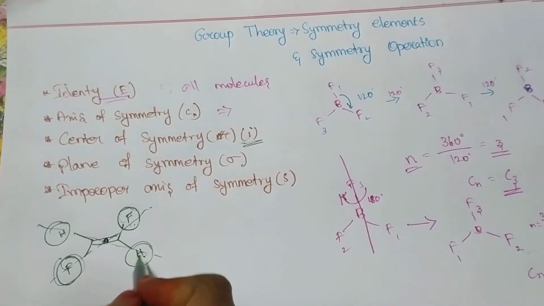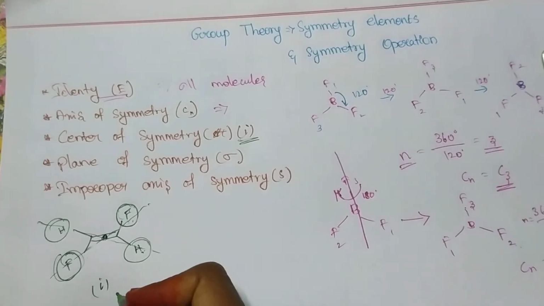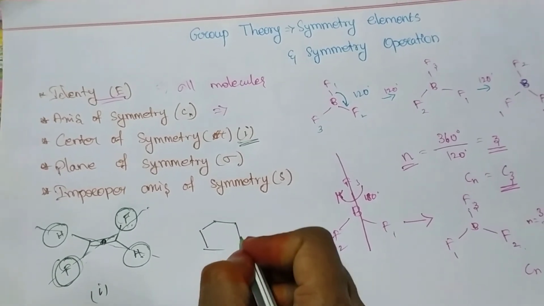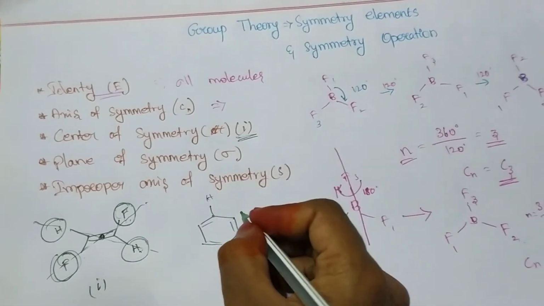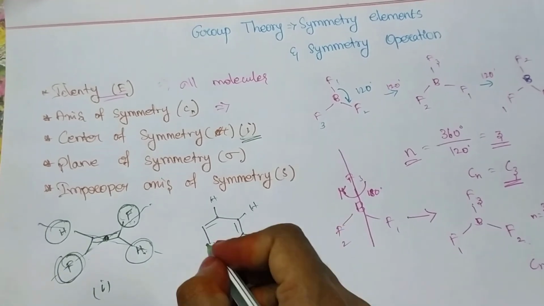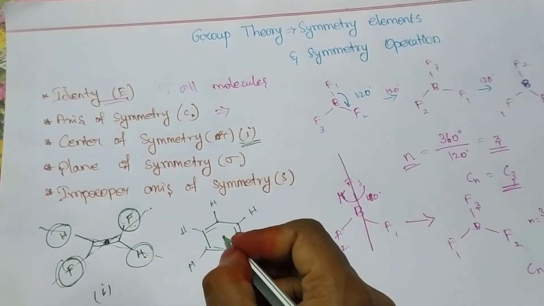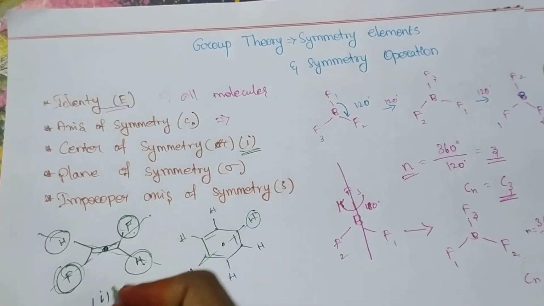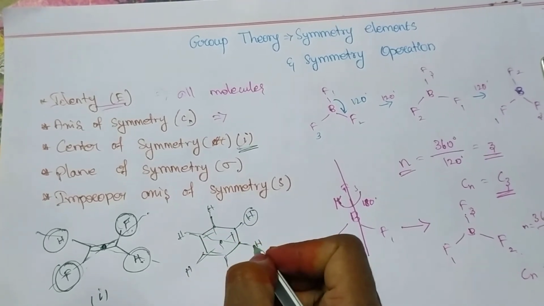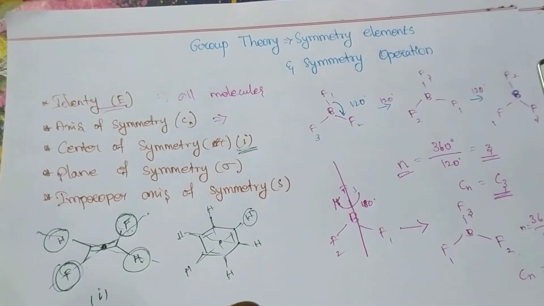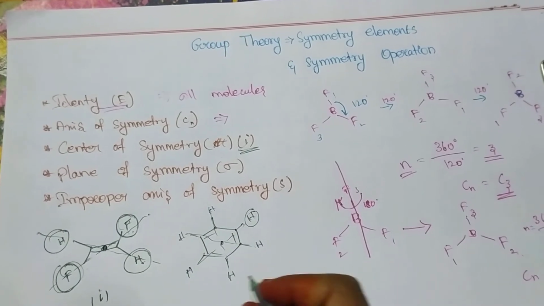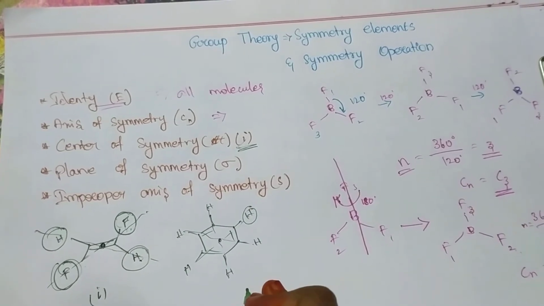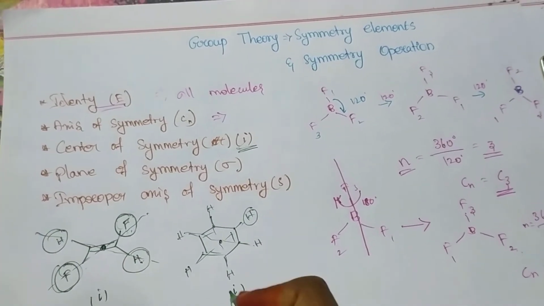So there is a center of inversion. We have another example also. We take benzene. Now there is a center, totally 6 axes of symmetry. So there is a C6 axis of symmetry, and then we have a center of inversion.